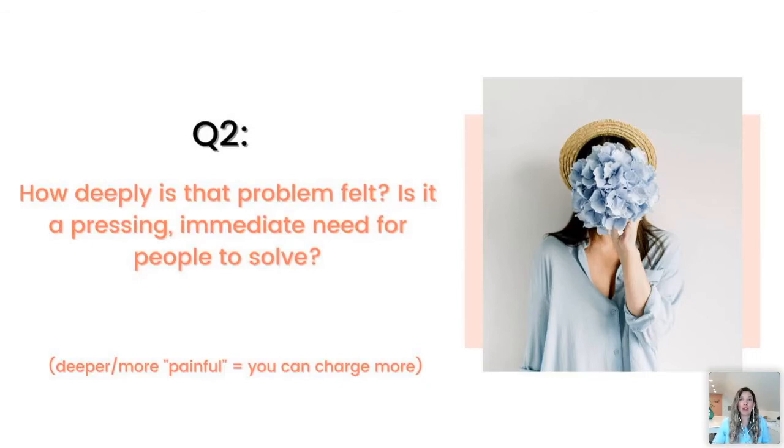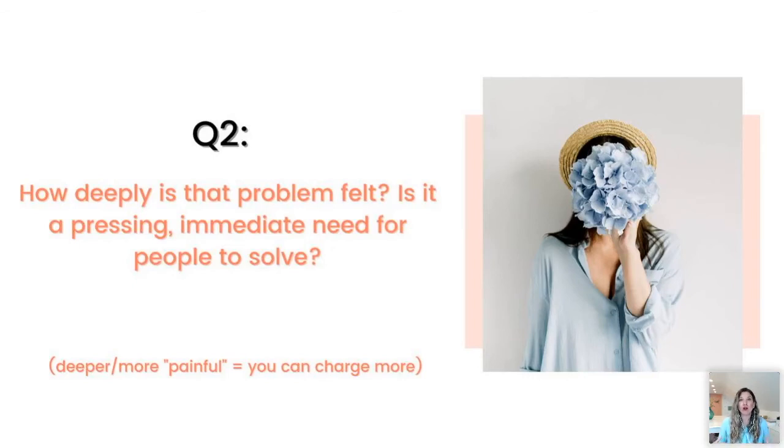A good example here would be, if your program is in the wellness space, and it's for people to lose weight and feel more energetic, feel healthier. Obviously we can imagine that's something that might be an extreme obstacle for someone every single day.